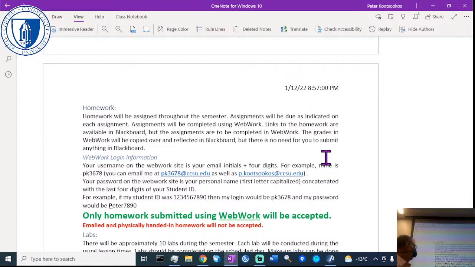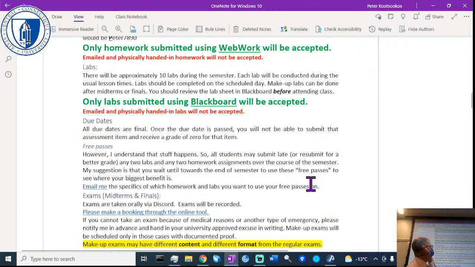So only homework using WebWork will be accepted. I don't take emailed or physical copies. Similarly with labs, only labs submitted to Blackboard will be accepted, and I don't accept emailed or physical copies of labs.